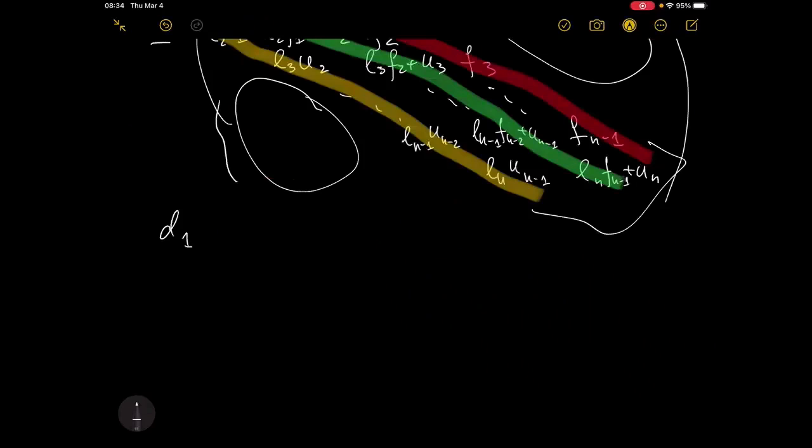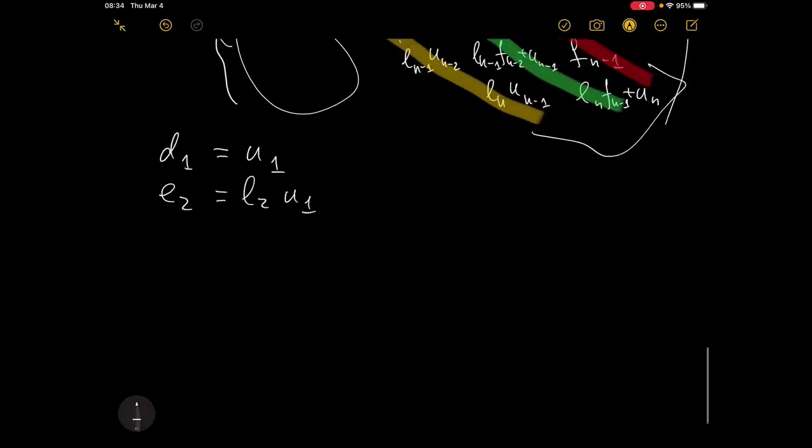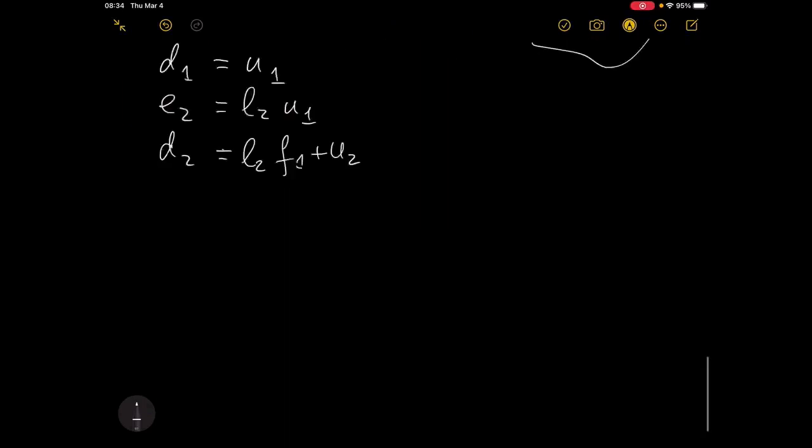D1 is equal to U1, E2 is equal to L2 U1, D2 is equal to L2 F1 plus U2, and so on.